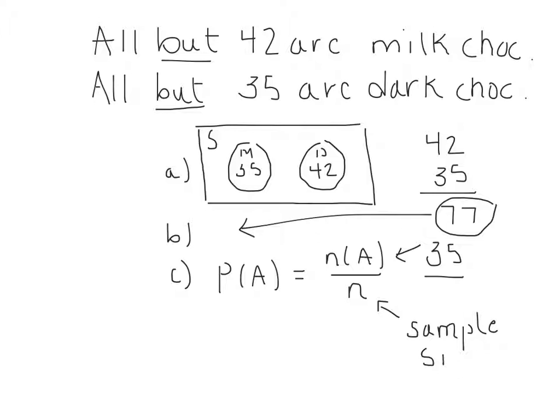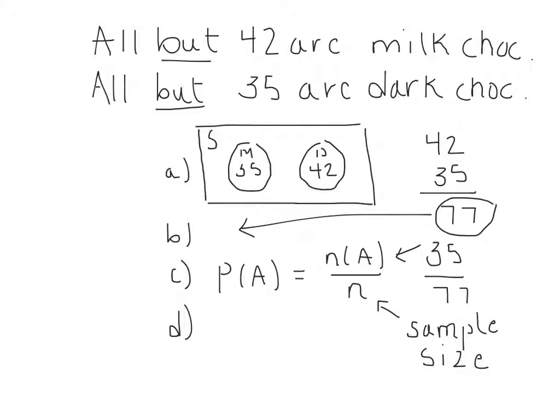And so the sample size we identified in part B was 77. So our probability of picking a milk chocolate from this bowl is equal to 35 over 77.